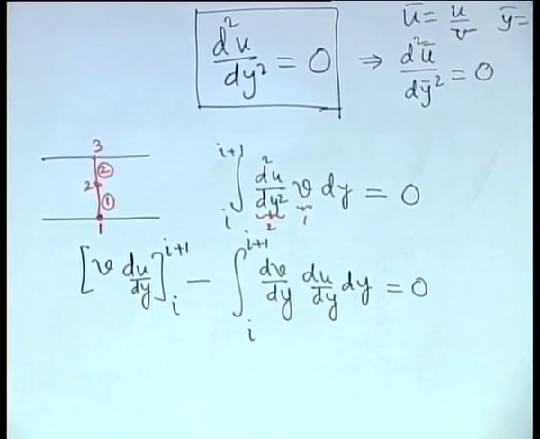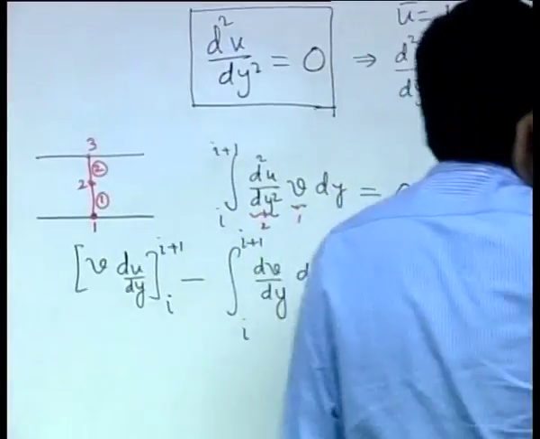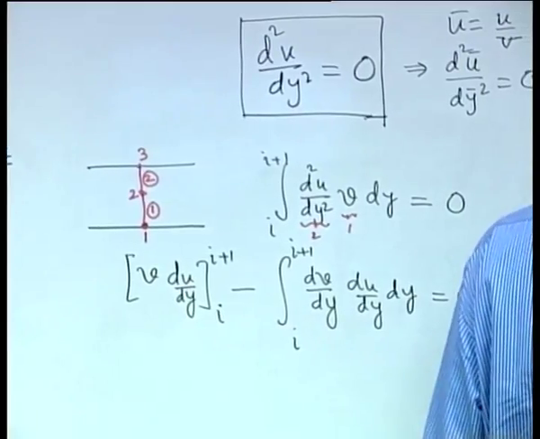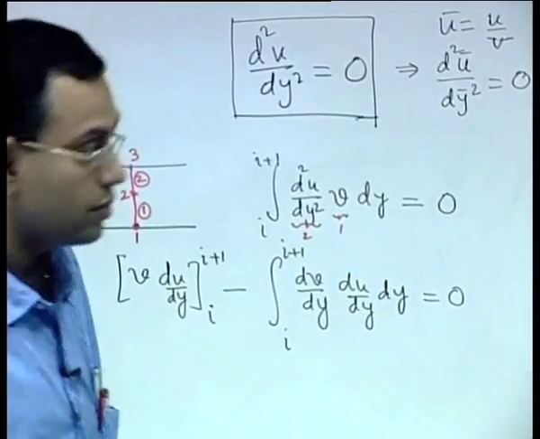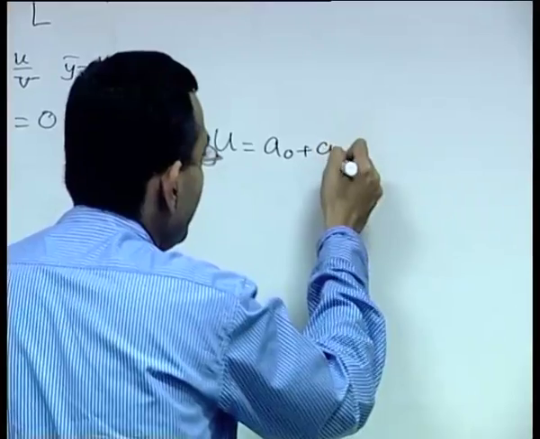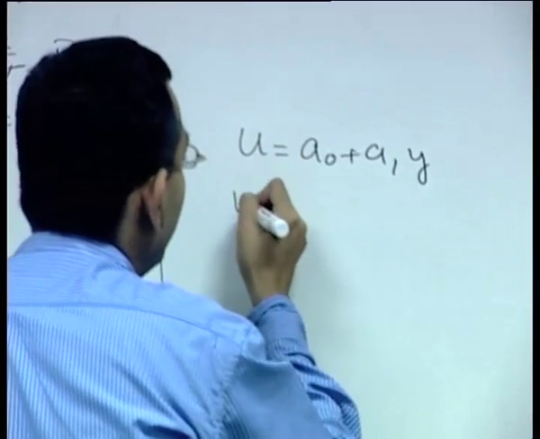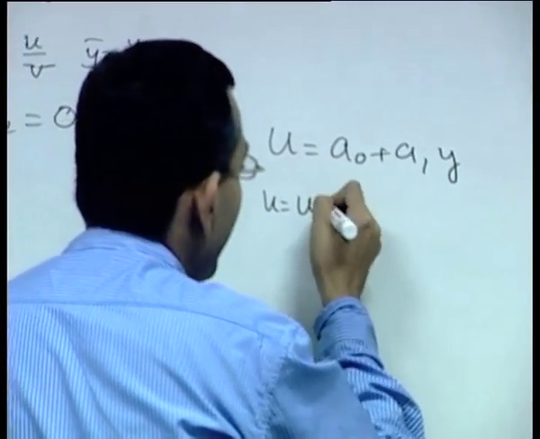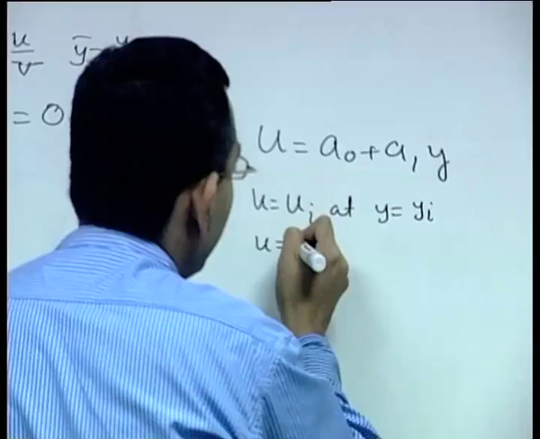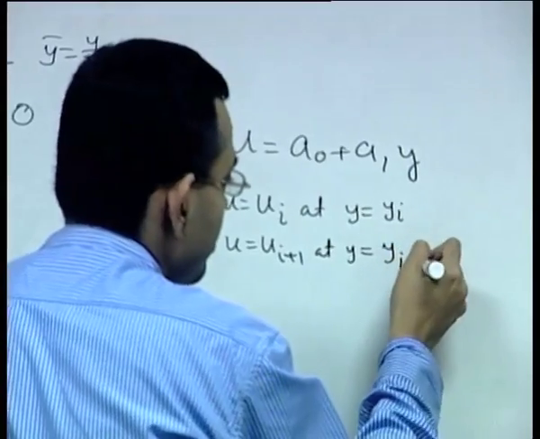Next we have to develop the shape functions N1 and N2. So, what we do, we describe u as a0 plus a1 y, and we know that u equals ui at y equals yi, and u equals ui plus 1 at y equals yi plus 1.